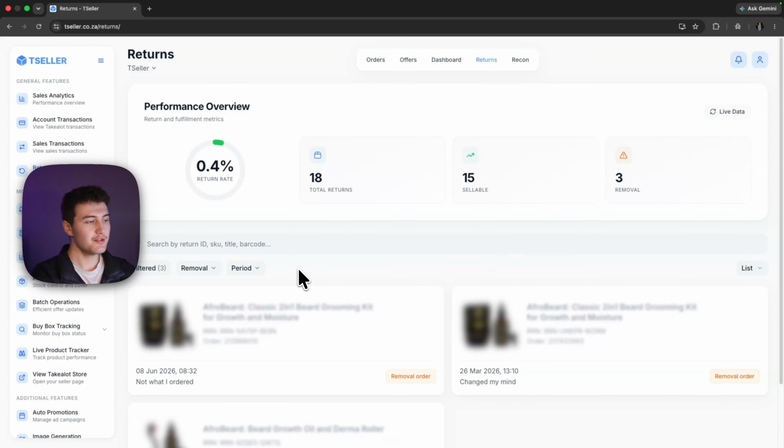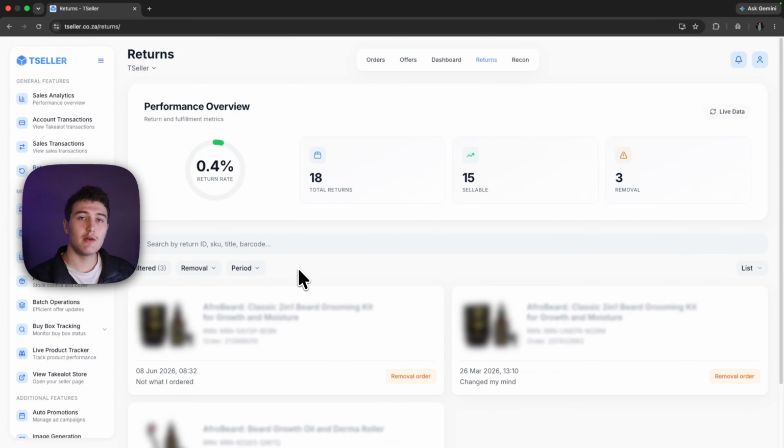So when you see that there is something that the customer is actually wrong about, do go ahead and do the dispute process. It might be a bit of a lengthy process, but it is definitely worth it to do this process each time you get a return where you know for a fact that you have the evidence to back it up.